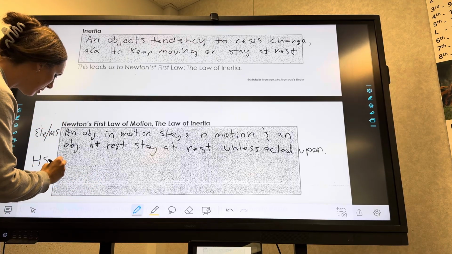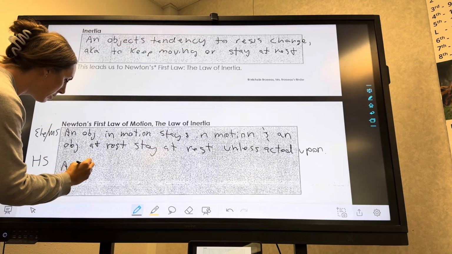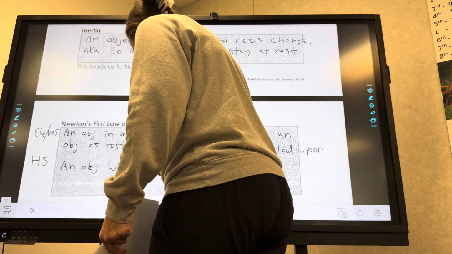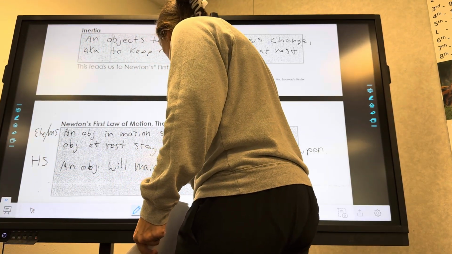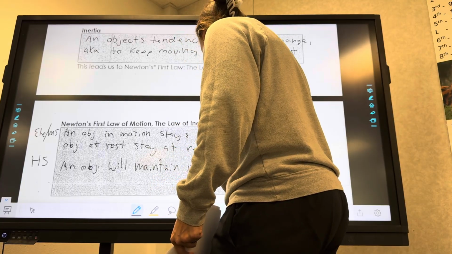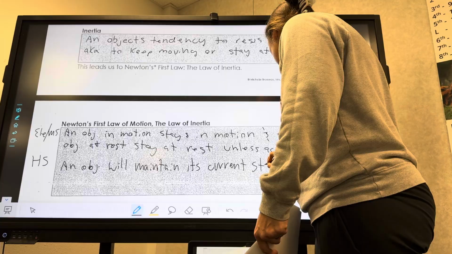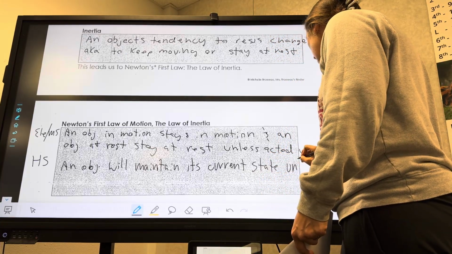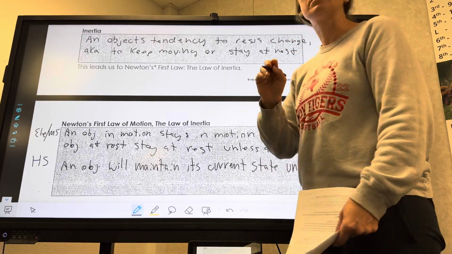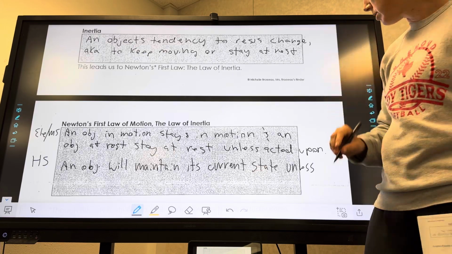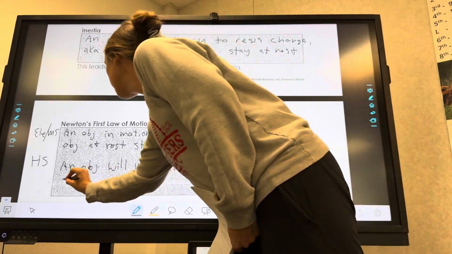So an object will maintain its current state unless acted upon by an unbalanced force, and we'll talk about what an unbalanced force is.